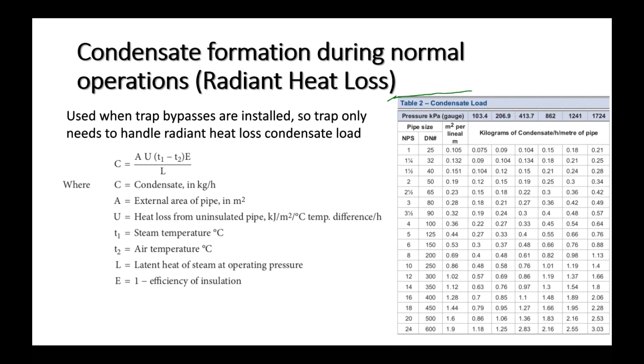So this is the new stuff. In your Pan Global, they have this table about condensate load. This is how much condensate forms during normal operations due to radiant heat loss. Basically what we do is we look up the working pressure of the steam pipe, and then we also look up the size of the pipe.